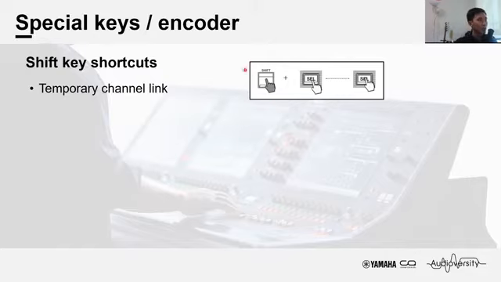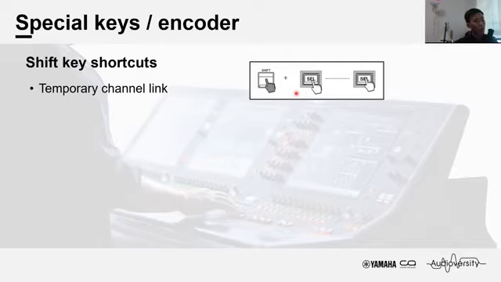Just to let you know, this gray finger here means hold, and the white one means just press. So for a temporary channel link, we hold the shift key and press the select button of whatever channel we want to link, and from then on these channels will be linked. This is just a temporary link.